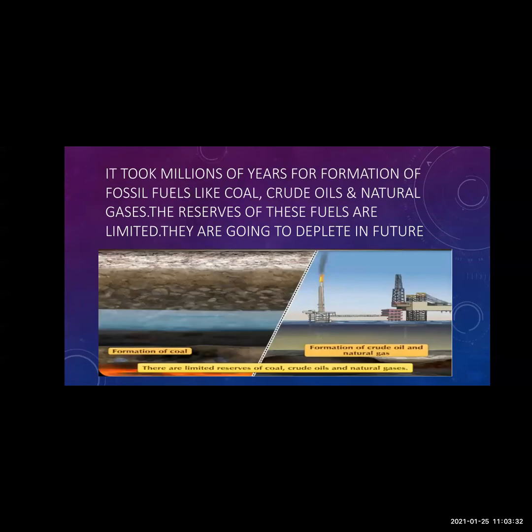We have already discussed the problems in our previous lesson, but here we are going to see that it took millions of years for the formation of fossil fuels. Thousands of years are required to make a layer of coal.